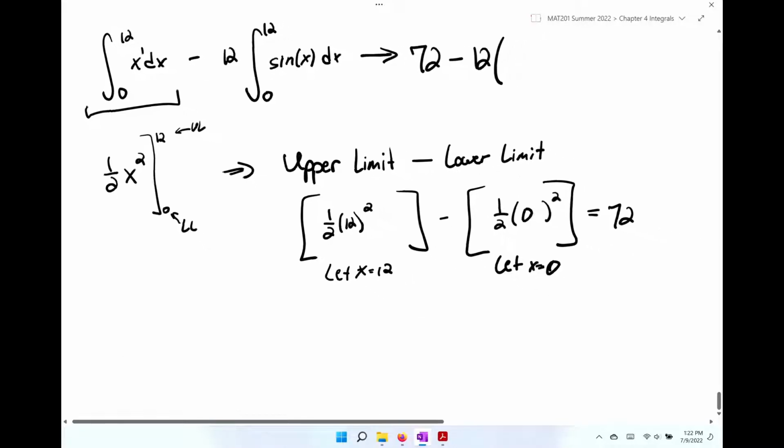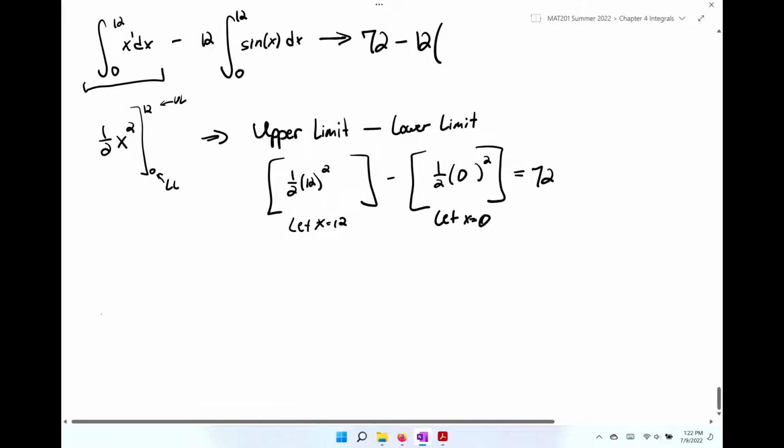I'm going to zoom out here a little bit. So we get the integral from 0 to 12 of sine x dx. Now we know the integral of sine is going to be negative cosine, and evaluate this between 0 and 12.